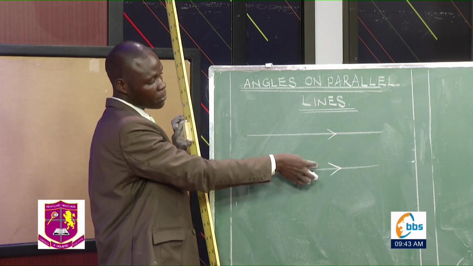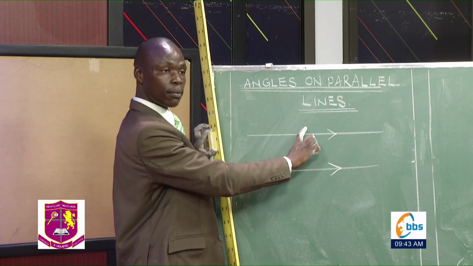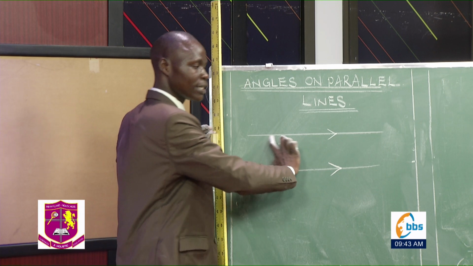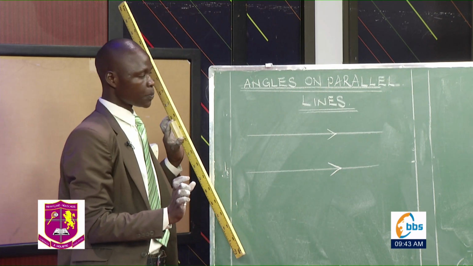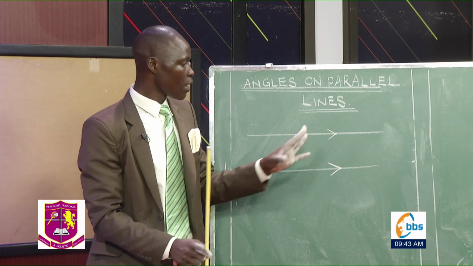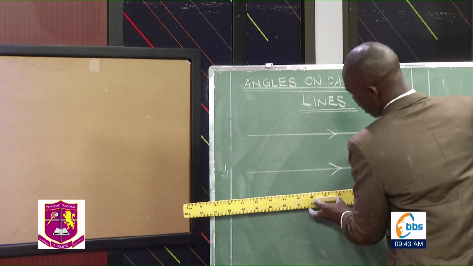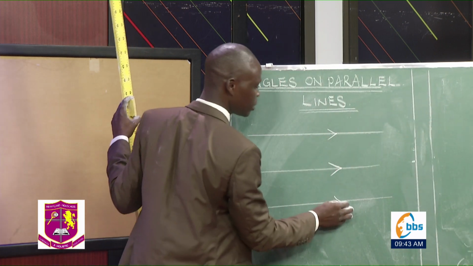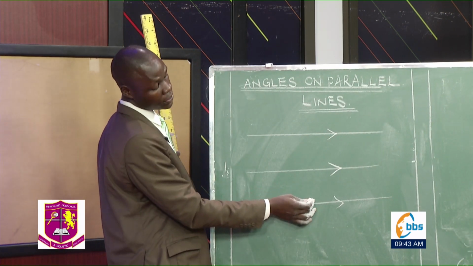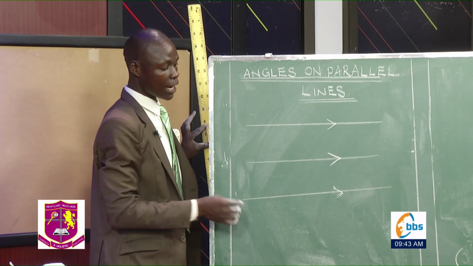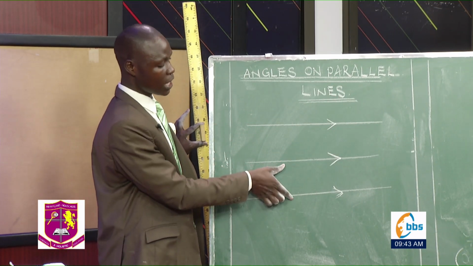If the distance from here up to here is, let me say, 10 centimeters, it remains 10 centimeters throughout. So these are parallel lines. You can have also another one, and it can as well continue. This distance can be equal to this, and they continue. They extend in the same direction, but with equal distances apart.